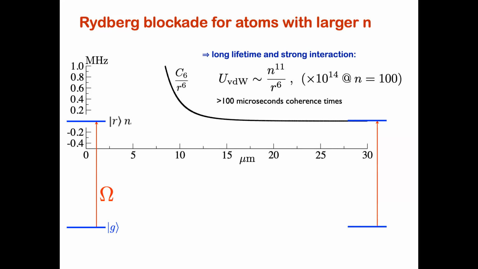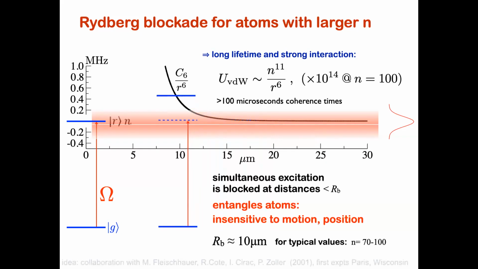But if we bring these atoms close, then at some point the strong interaction between the atoms, which is proportional to a high power of the principal quantum number, will take over. And so at this point, we will be able to excite one atom or another, but never both. That's the idea of the Rydberg blockade. It says that simultaneous excitation of Rydberg atoms is blocked at distances smaller than the Rydberg blockade radius.